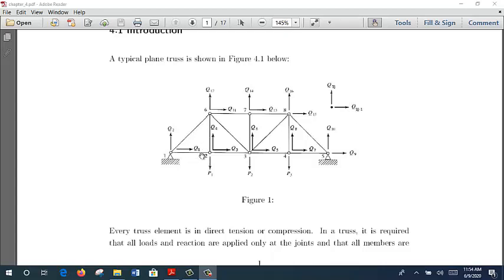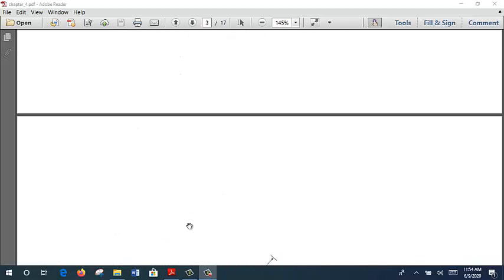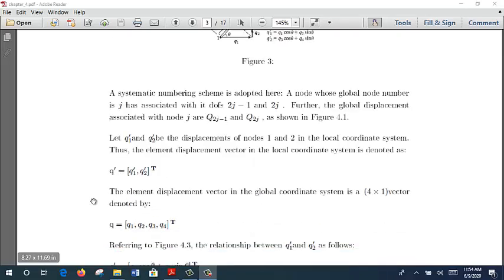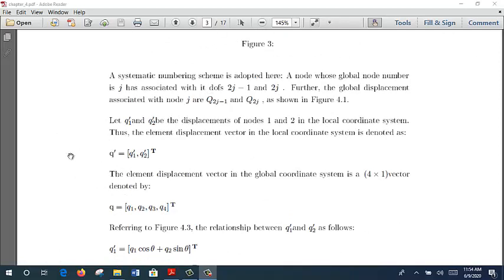That is how it is explained. The same goes for the second degree of freedom for node 1, which is Q2j. When you are referring to node number 1, j is 1, so you will refer to Q2. So it's a very easy understanding for you guys. This is what they are talking about.